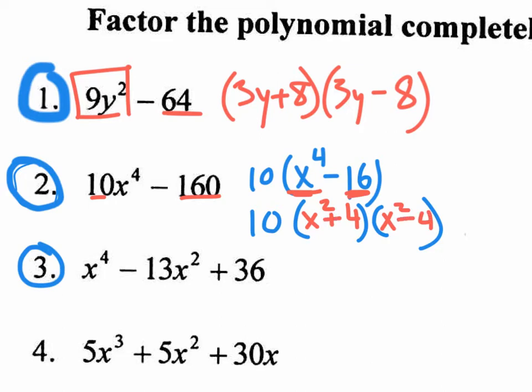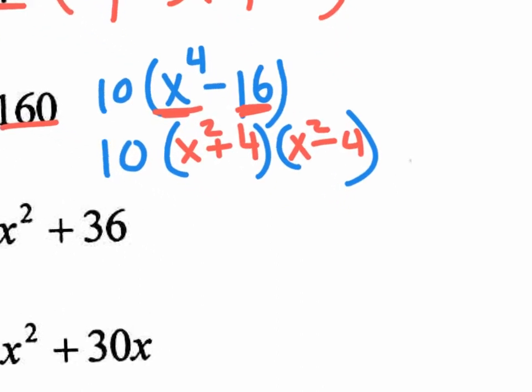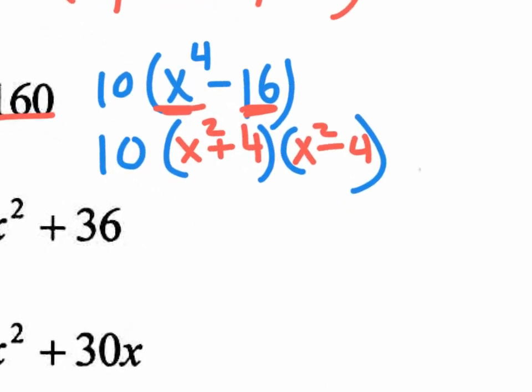Okay? Now, this one gets even more interesting because when you zoom in and take a look at this, that's just a 10, but right here, there's nothing to do. You can't factor it. Even though this is a perfect square term, this is a perfect square term, there's a plus sign between it, and that doesn't work out when you try to factor by taking the square roots. Right here, x squared minus 4, this one could be factored even more.